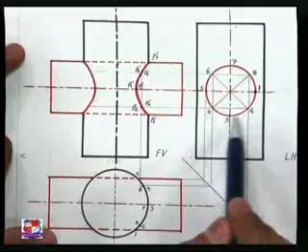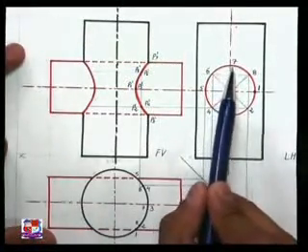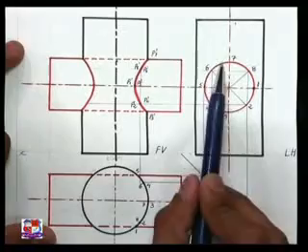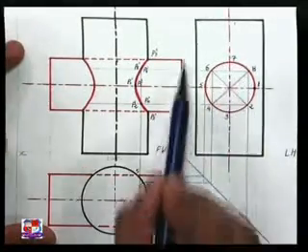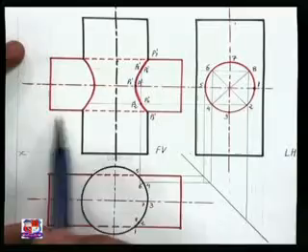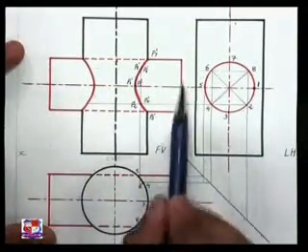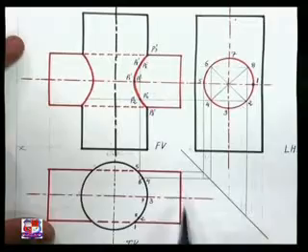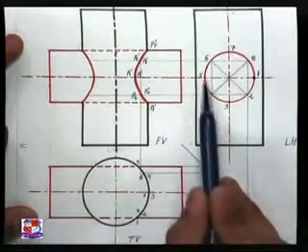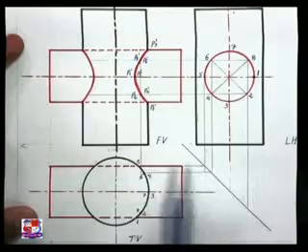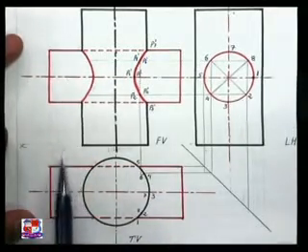After dividing this circle into equal parts, let me draw the front view of this cylinder. For that, transfer these points over here, point number 7 and 3 over here, draw straight lines, make a rectangle. So this is the front view, and from this front view transfer these points over here like this, vertical lines from these points, and transfer it to here. This is the top view of the given cylinder.